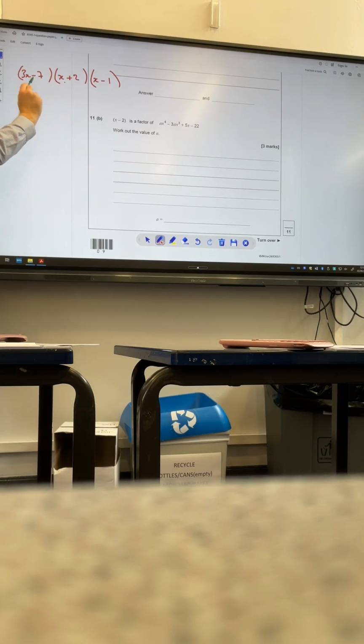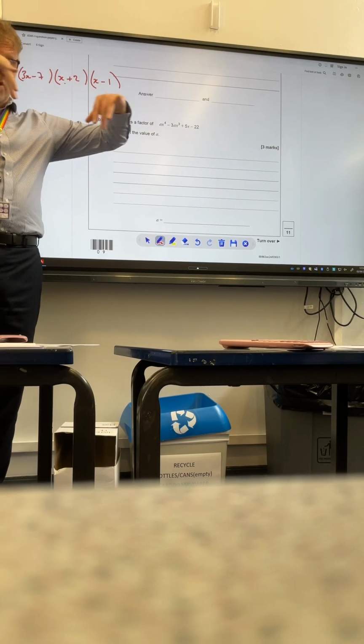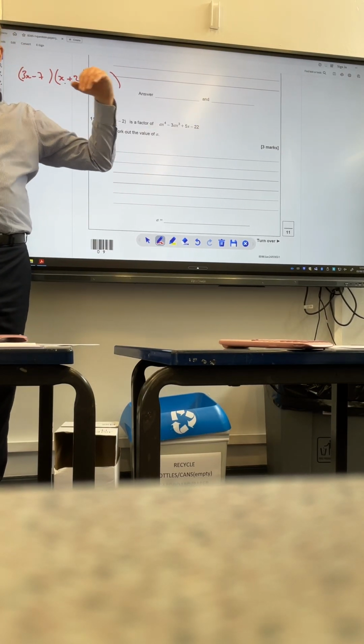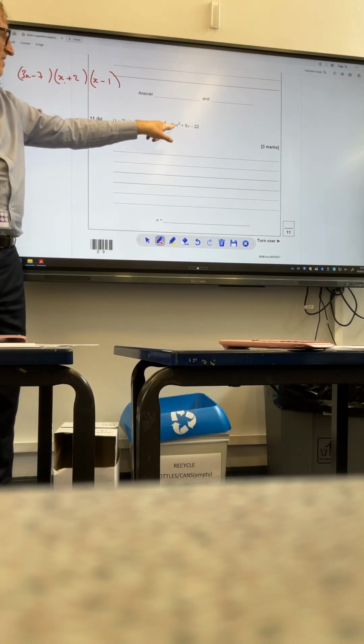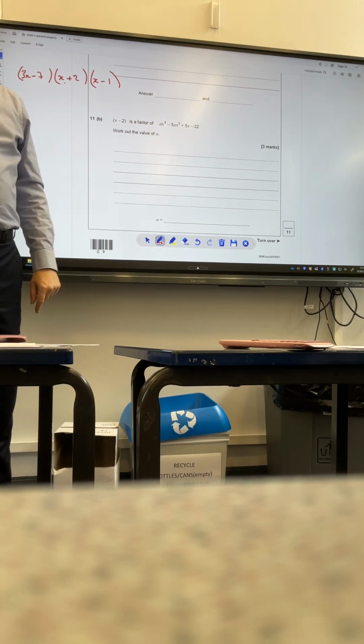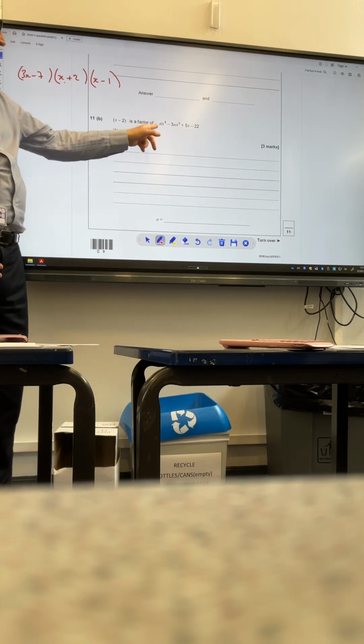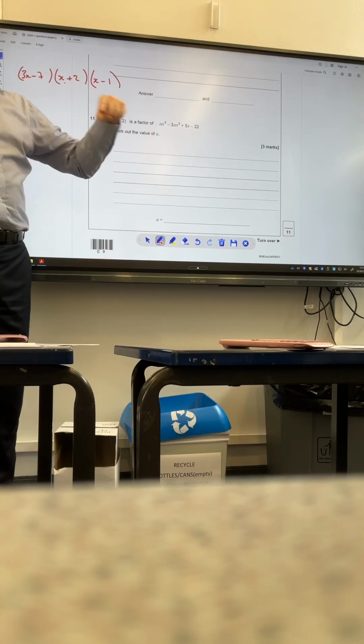And 7 over 3 will give me 0. So basically, any of these, if I pick the x value that makes it 0, when I put it into the original cubic, it's going to give me 0. So if I put 2, since x minus 2 is a factor, into there, it should give me 0. Well, it won't because I've got a's in there, but I know it's got to equal 0.